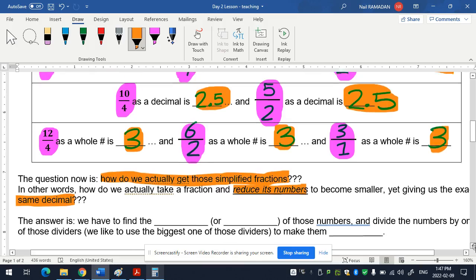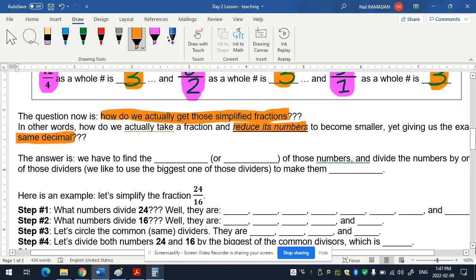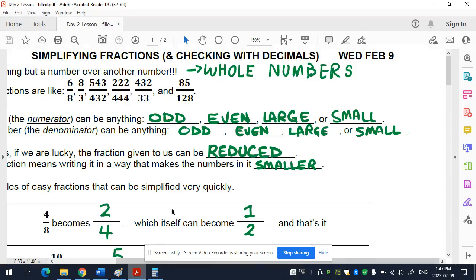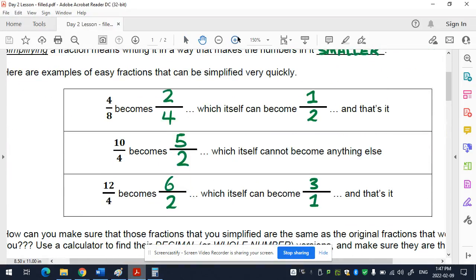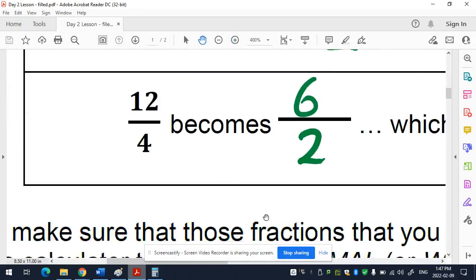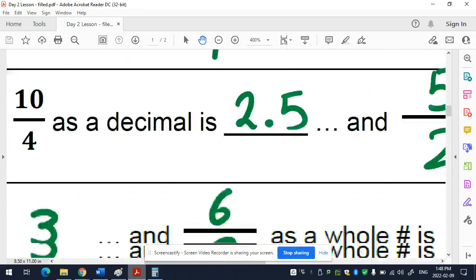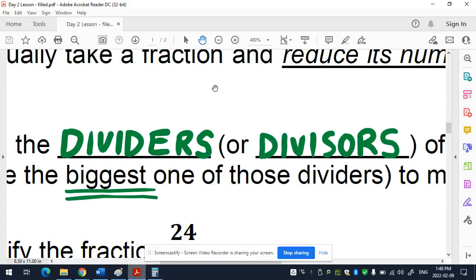You have to find what we like to call dividers. Or some people call them what? Divisors.